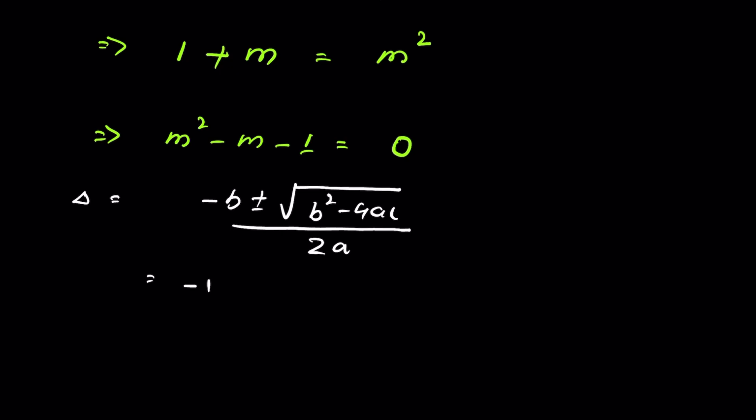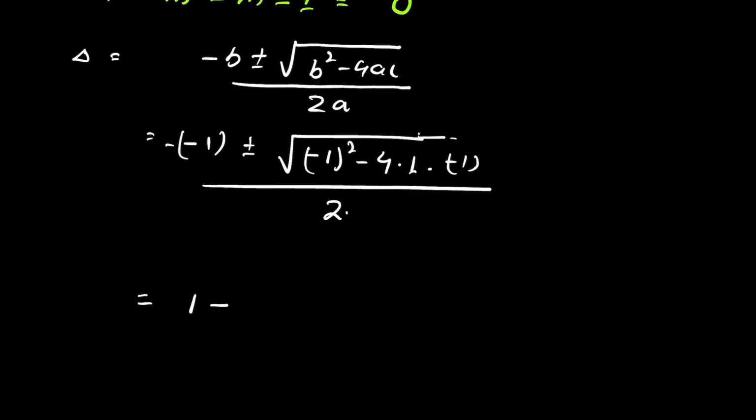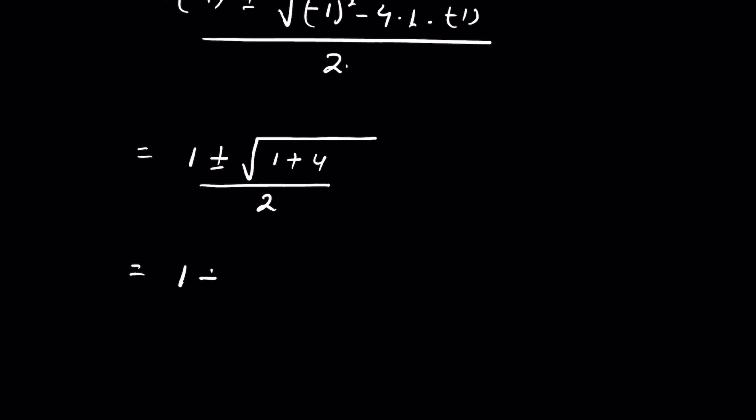So minus (minus 1) plus minus square root of (minus 1) whole square minus 4 times a, the coefficient of m square, so 1, times c, minus 1, upon 2, or 1 plus minus square root of 1 plus 4 upon 2 equals 1 plus minus square root of 5 upon 2.